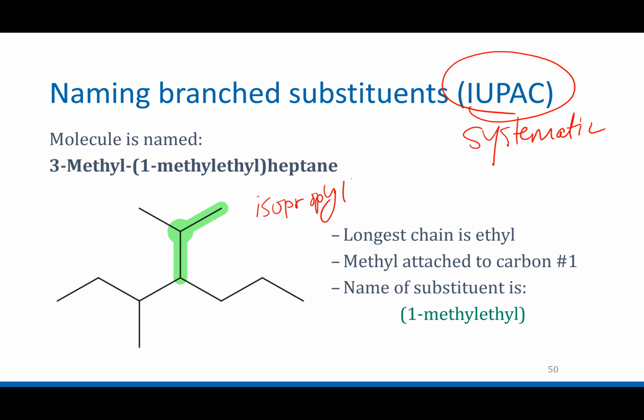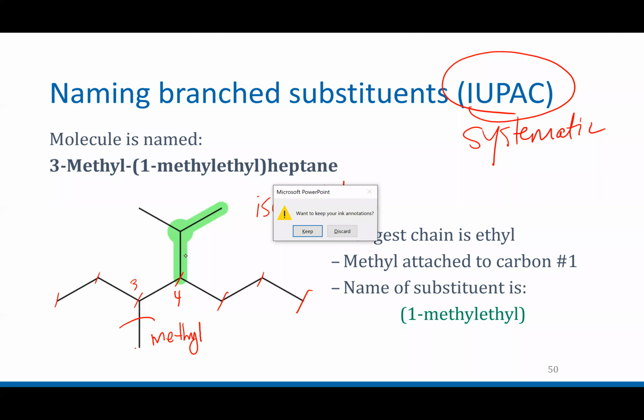So let me explain. Let's go through this. So this carbon, I have 1, 2, 3, 4, 5, 6, 7 carbons. On the third carbon, I have a methyl. On the fourth carbon, and I'm actually missing something in my name here.